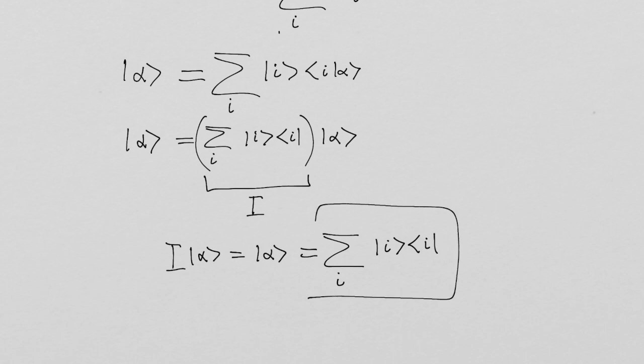This is a literal restatement of the identity operator. Those two are the same. Of course, the way I wrote it was lame because you still need an alpha over here, right? The point I keep saying a million different ways is that it equals I. So that's really, really important, right?